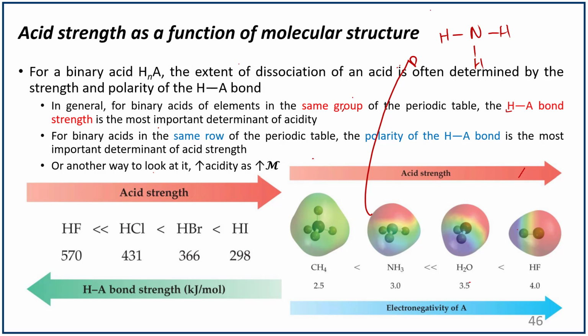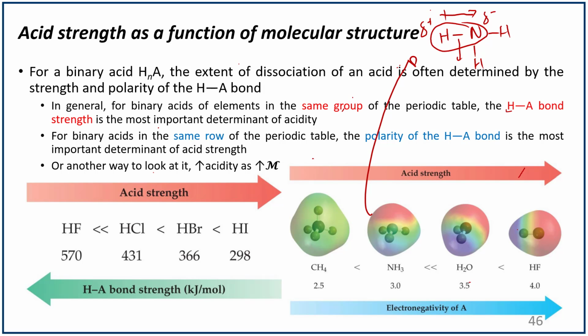Remember that unlike carbon and hydrogen, which have similar electronegativities, nitrogen is more electronegative than hydrogen. So between this bond, there's actually a dipole moment pointed towards nitrogen. In other words, nitrogen here has a greater share of these two shared electrons. Okay, that's why there's a partially negative charge there, and a partially positive charge around hydrogen.